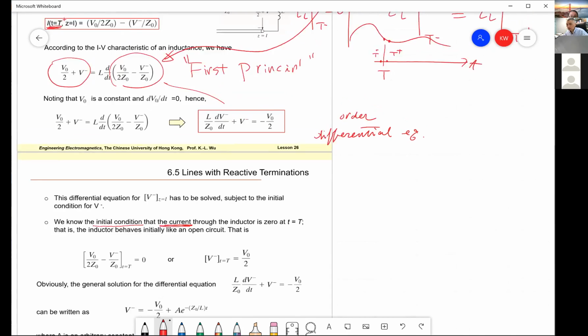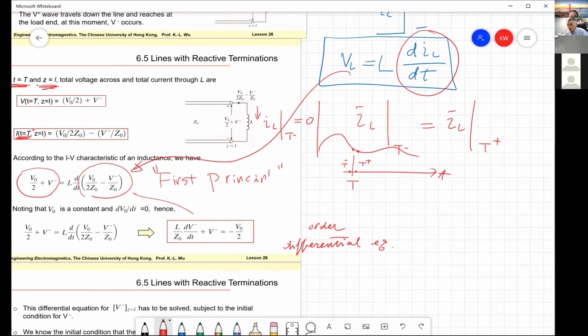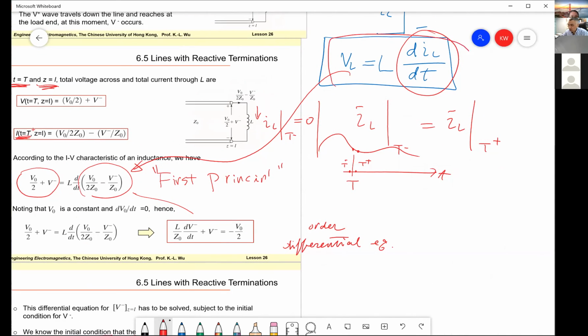The answer to the question is because we use this relation associated with the current derivative. And because the current can be differentiated, that means the current must be continuous. Okay, all this is first principle.